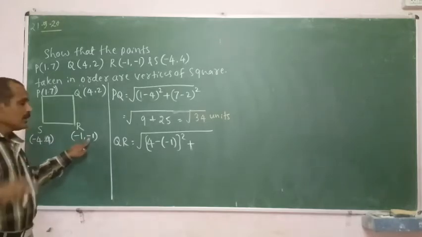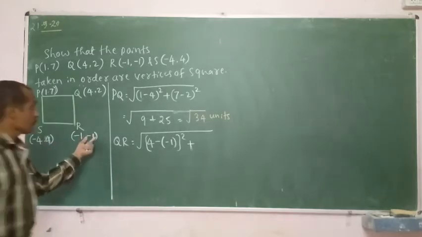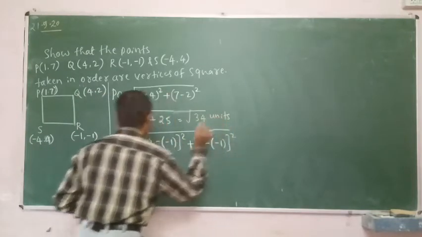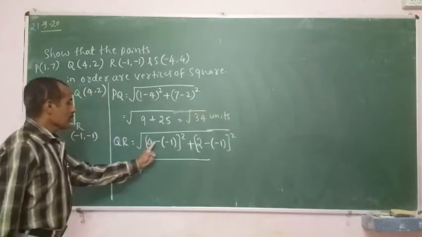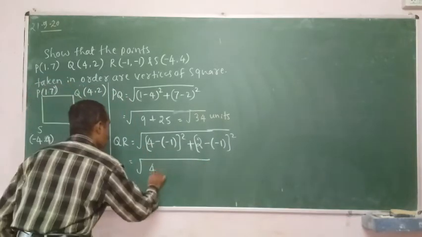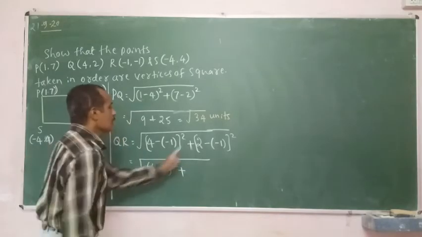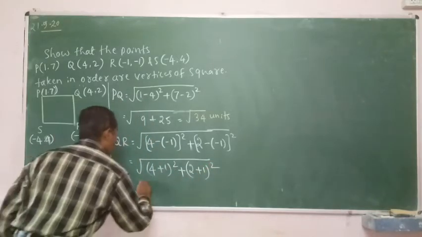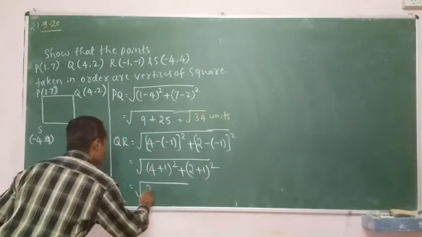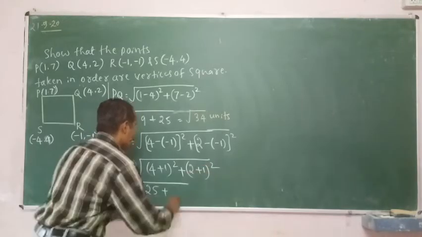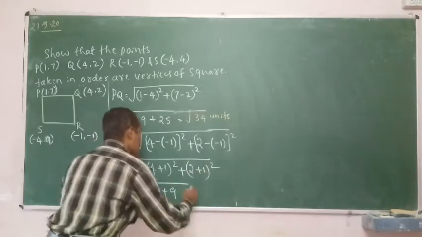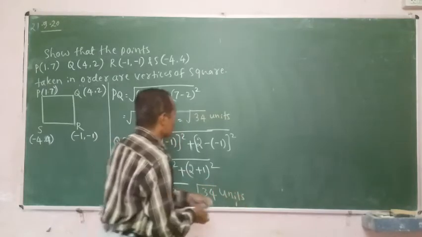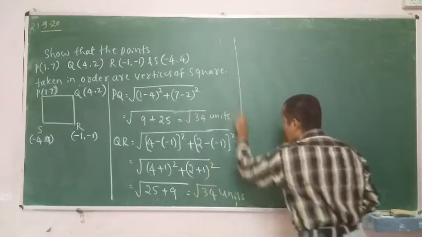Minus of minus is plus, so 4 plus 1 the square plus 2 plus 1 the whole square. Under root, 5 square is 25, 3 square is 9. The answer is square root of 34 units. We got the length of two sides.